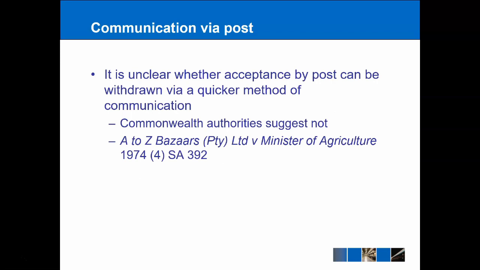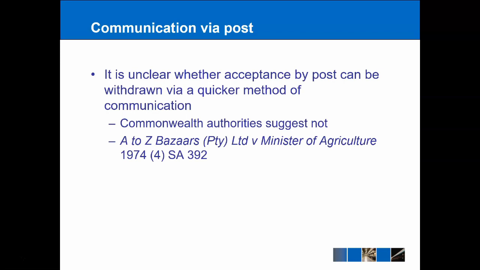This postal rule can create a potentially unfair situation because, say for example, I am accepting an offer and doing so by post. As soon as I put my letter of acceptance into the post, I have accepted that offer. But say 30 minutes later, I decide actually I don't really want to accept that offer at all. And so I call the person up and say, look, in a couple of days, you're about to receive a letter saying I accept your offer.